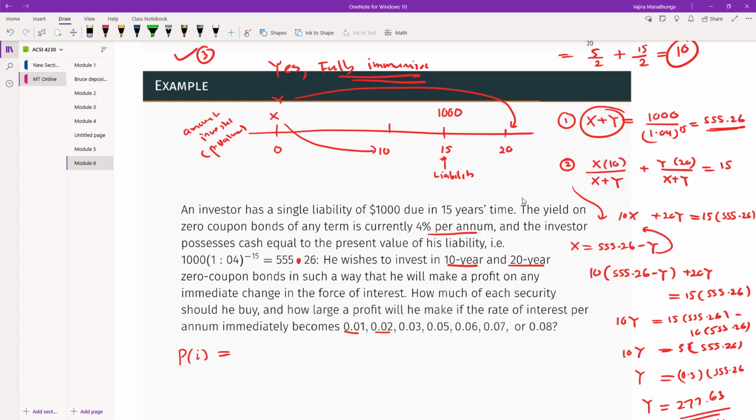So if you invest X in a 10-year bond, what is the value in 10 years? It should be X times 1.04 to the 10.